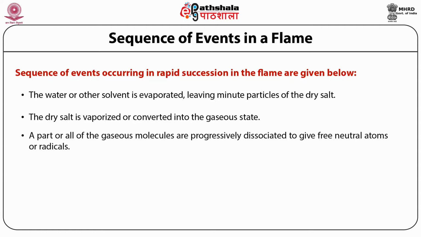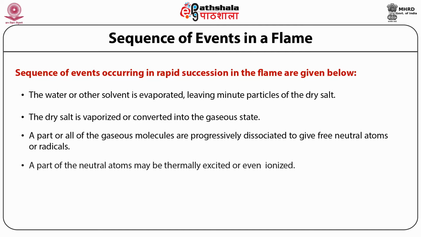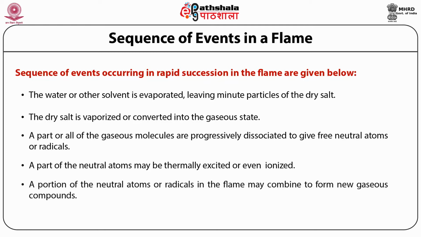A part or all of the gaseous molecules are progressively dissociated to give free neutral atoms or radicals. A part of the neutral atoms may be thermally excited or even ionized. A portion of the neutral atoms or radicals in the flame may combine to form new gaseous compounds.